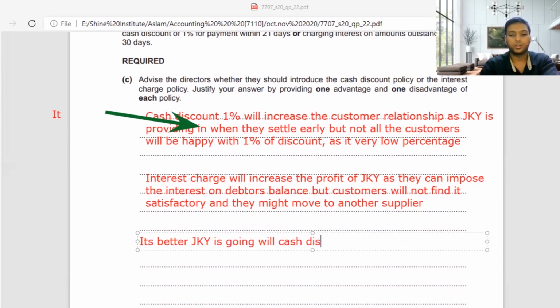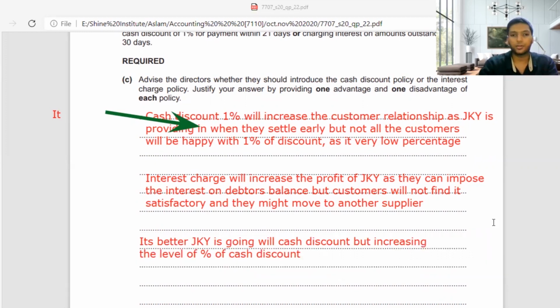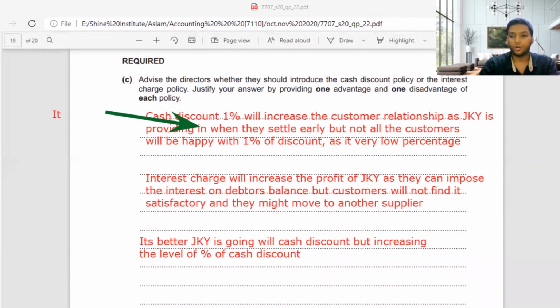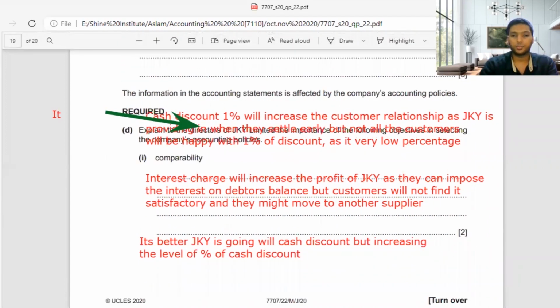Cash discount, but increasing the level of percentage of cash discount. So this is my recommendation I have given. So that's it guys when it comes to this question. Let's move on to the next part of this paper.